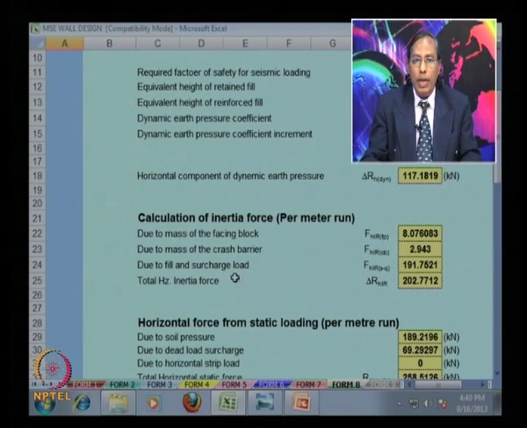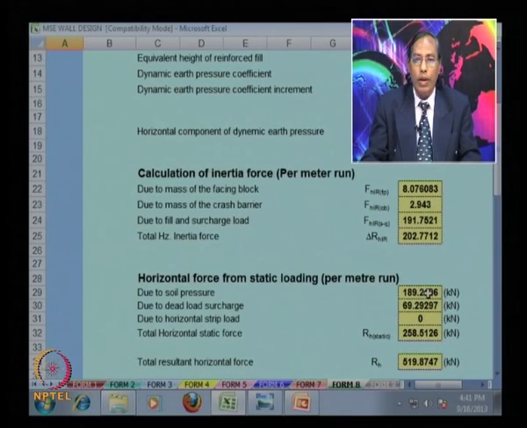Due to the fill and surcharge load, that is FH1RSQ, is equal to 191.7521, and the total inertia force, that is delta RHLR, is equal to 202.7712.